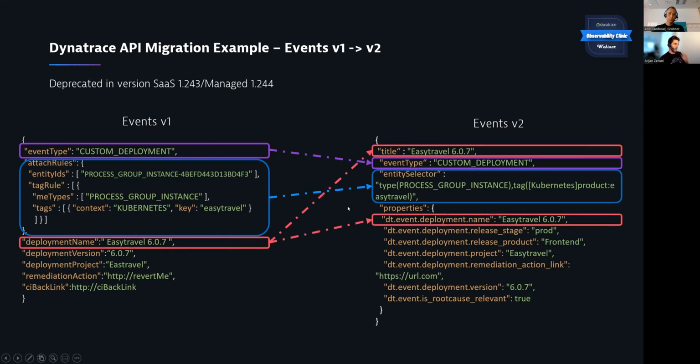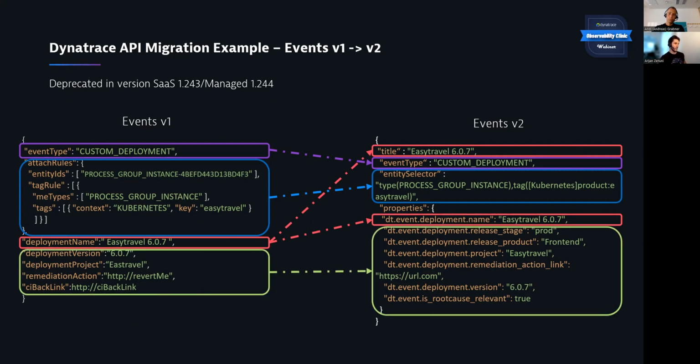And then finally, some of the deployment types. In this case, we're dealing with a deployment, so some of the properties have also changed. Now, instead of living as an attribute within the root directory, there's going to be a separate properties directory, which has all the properties for your deployment.